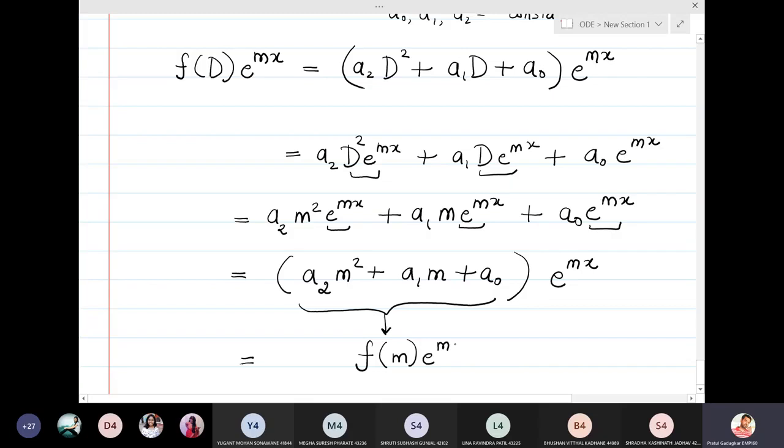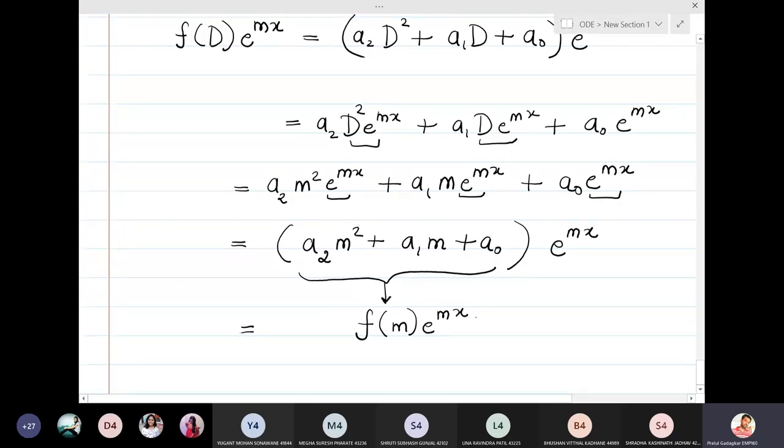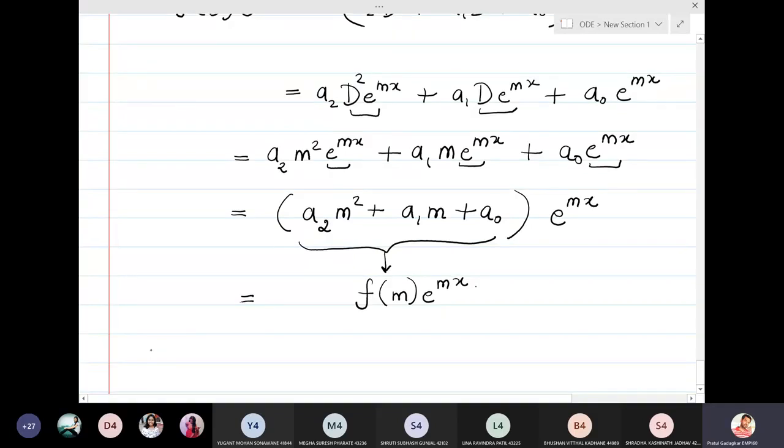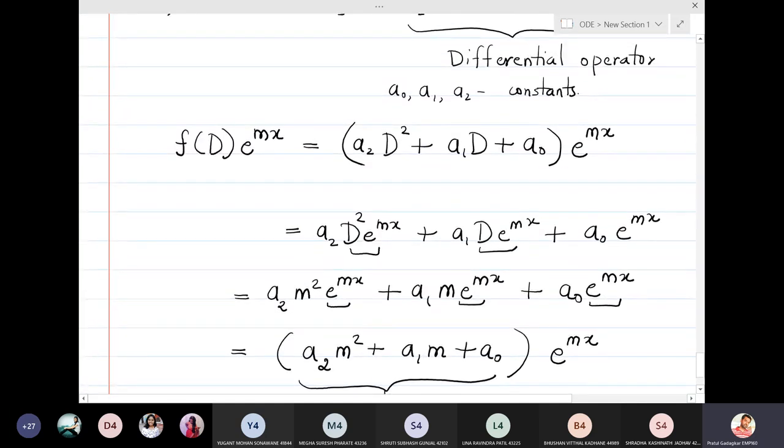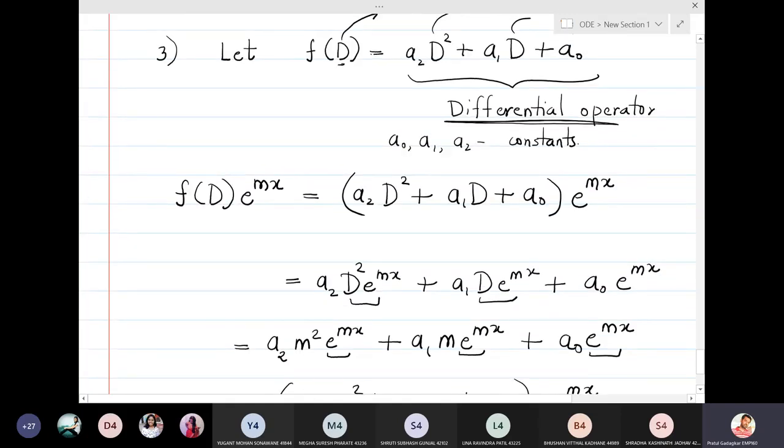So what we have proved in this above derivation is that f of D is a differential operator.